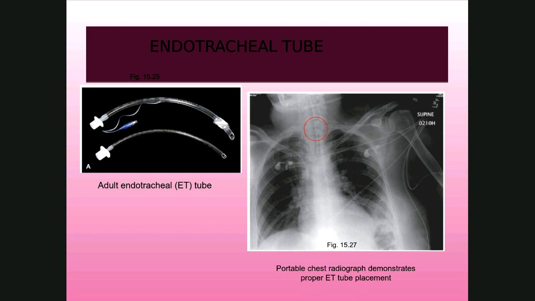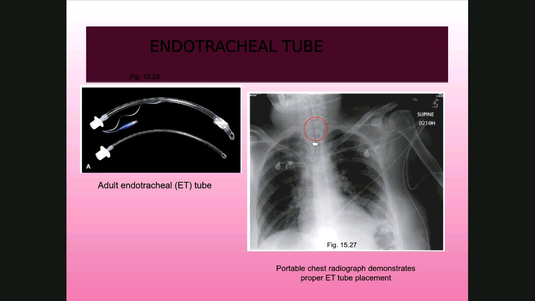This is what an endotracheal tube looks like, again on page 179. This is just showing a portable chest demonstrating the proper ET tube placement. It is probably very hard for you to see. They've circled it. You can kind of see the line coming down, and the end of it, which I'm not sure why they wouldn't mark, is right about here.